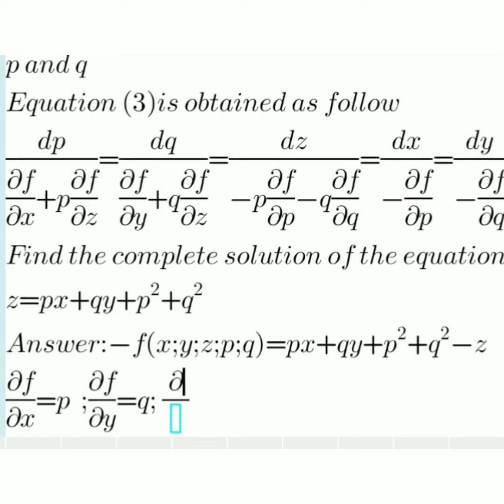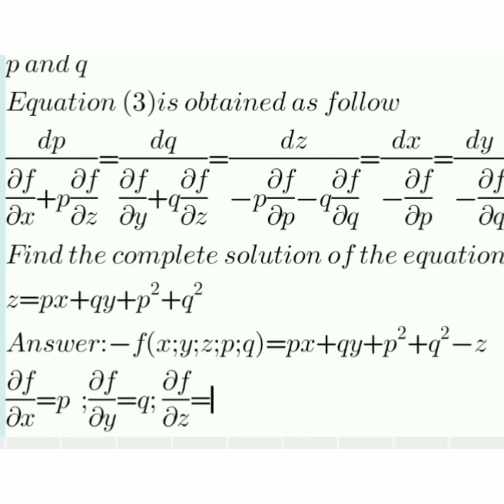Del f by del z is equal to minus 1, and the next term is del f by del p, because according to Charpit I have to find it, and its value is x plus 2p.